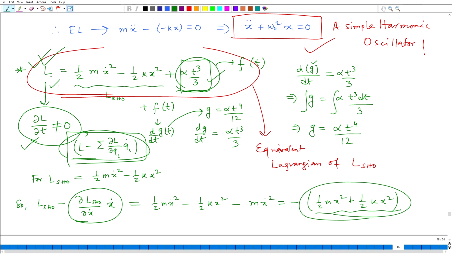So, if you do not find any conserved quantity from just seeing the structure of the Lagrangian or the symmetry of the Lagrangian, it does not say that the system does not have any constants of motion. Okay. Once again, you have to first solve the Euler-Lagrange equation, get the equations of dynamics, and for that again you search whether there are any constants of motion or not.